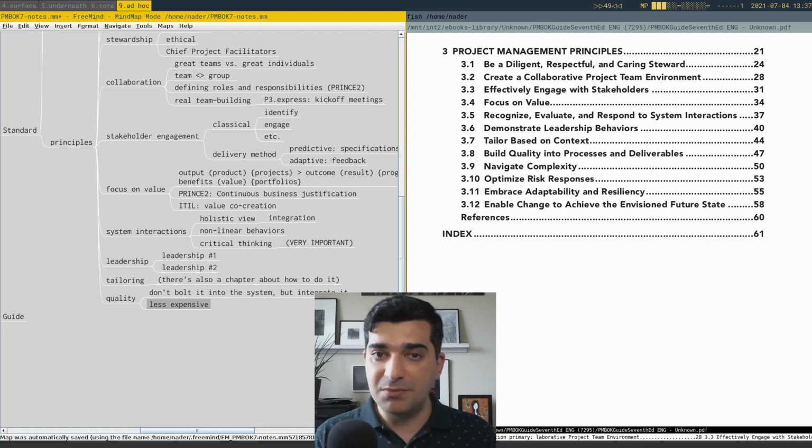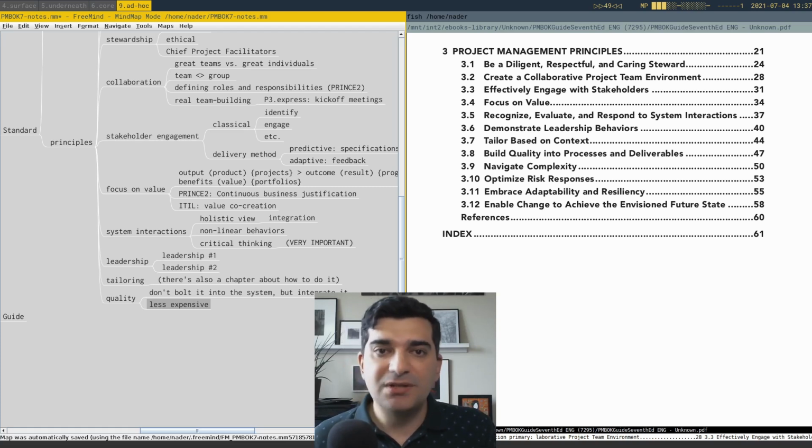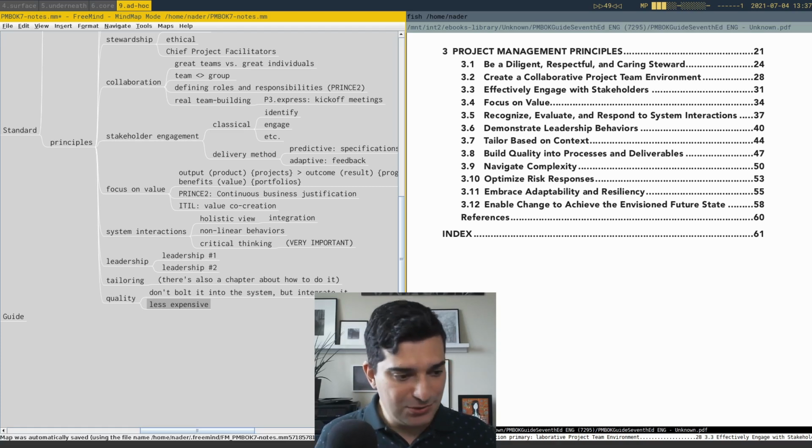I've heard some people saying that, for example, yeah, I like Prince2 a lot, but I don't use it in my project because that's very expensive for us. We are a small company. Well, then your interpretation of Prince2 is not correct. You're not tailoring it properly. Prince2 is something that is designed to help you reduce your costs, reduce your troubles in the project, and so on. All right, that was about quality.